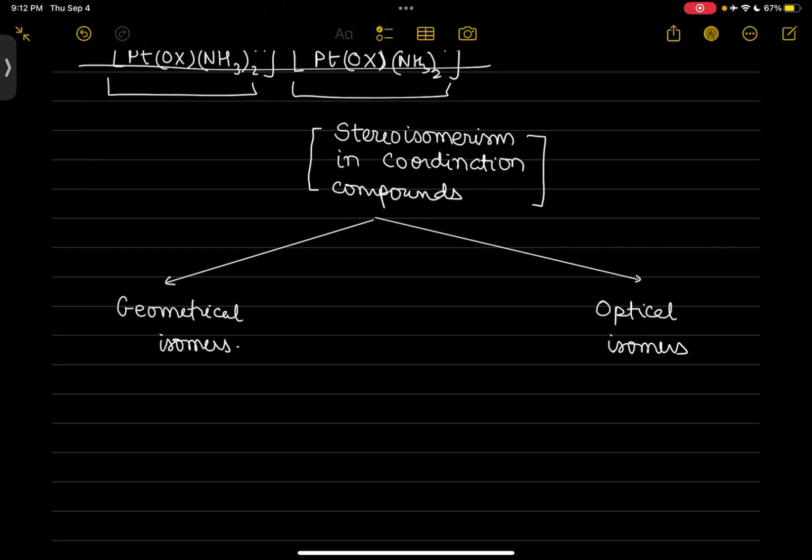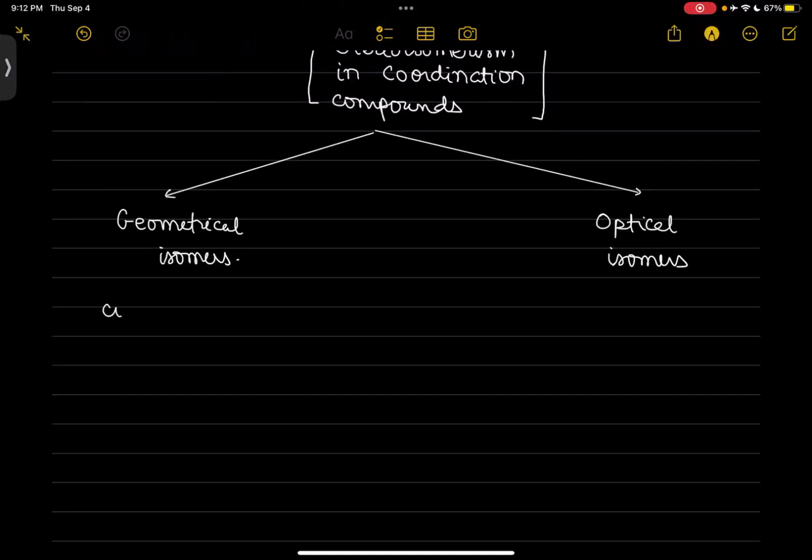Geometrical isomers are of two different types, known as cis and trans. As the name indicates, cis means on the same side, trans means on the opposite side. But there are other names also. Optical isomers, what are optical isomers?